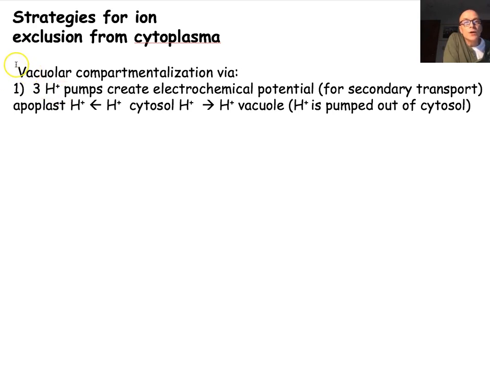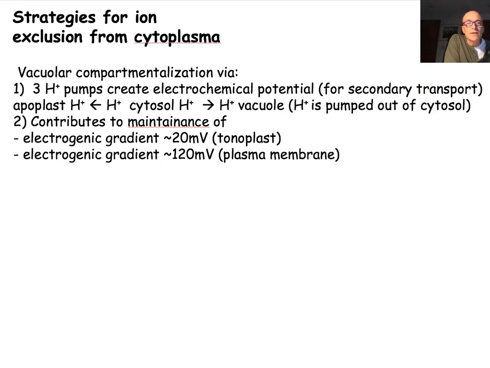So vacuolar compartmentalization occurs via 3 hydrogen pumps that create an electrochemical potential that can be used for secondary transport. If you look here, you have the cytosolic hydrogen, so protons, and they can move in one direction into the apoplast, or they can move in the other direction into the vacuole. Hydrogen is pumped out of the cytosol. So that's one strategy for ion exclusion from the cytoplasm, right?